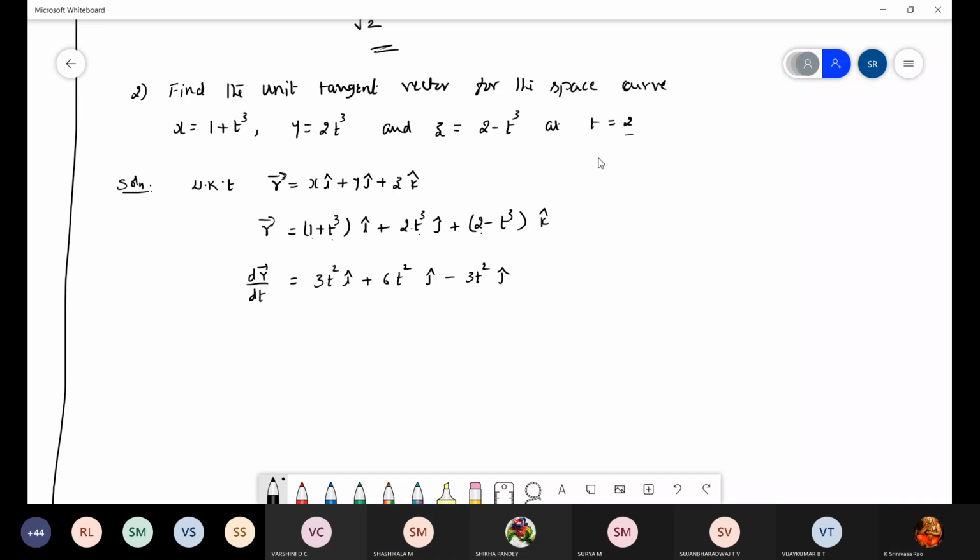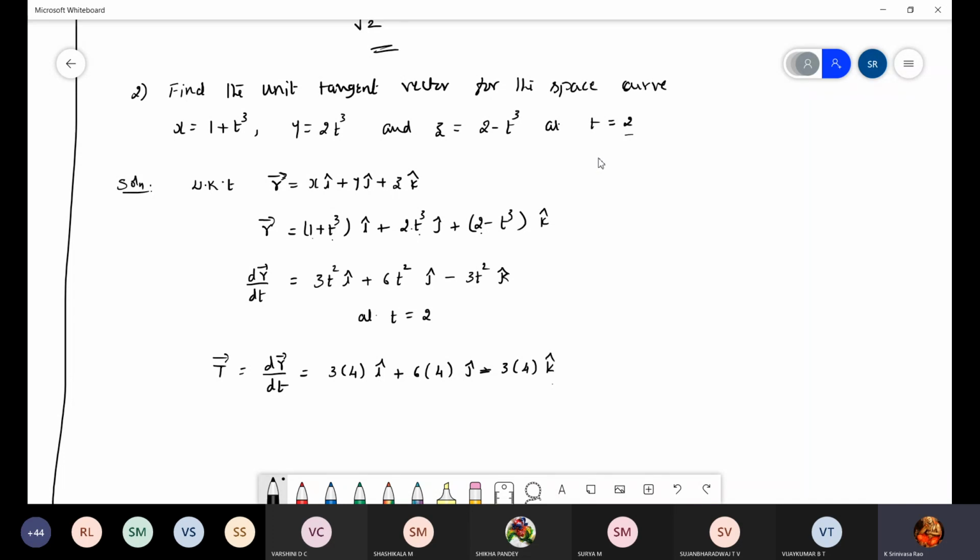Yes, sir. Now at t equals 2, you put the point. So dr by dt is nothing but the tangent, so both are the same. So 3 into t square: 2 square is 4, i cap, plus 6 times again 2 square is 4, j cap, minus 3 times again 4, k cap.